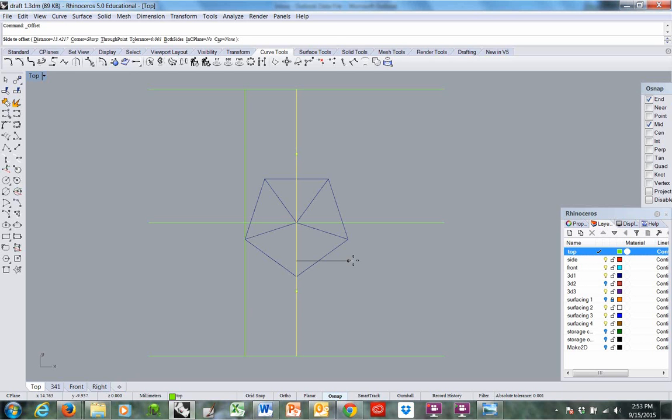Take another construction line out and grab that corner. That gives me the width at the base, the widest point, carried both down to the front view and back behind and up to the back view.